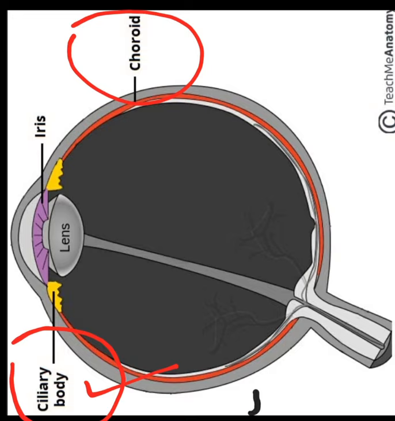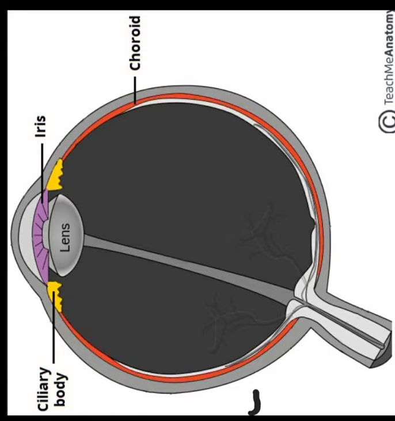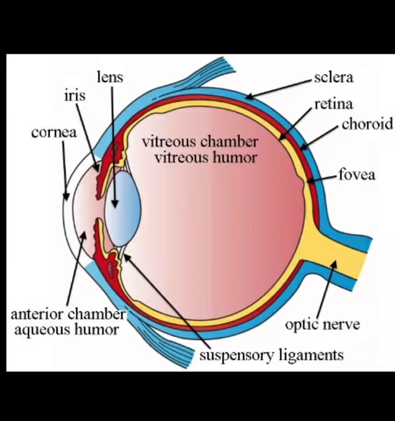The next structure associated with the choroid layer is the iris. This iris is also an extension of the choroid layer, partially covering the lens, leaving a small opening at the center, and the opening present at the center of the iris is called the pupil.